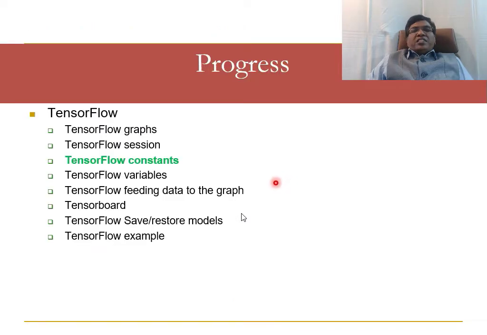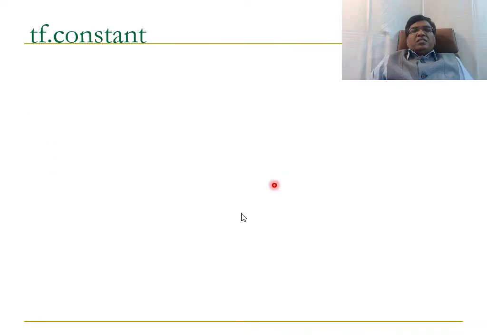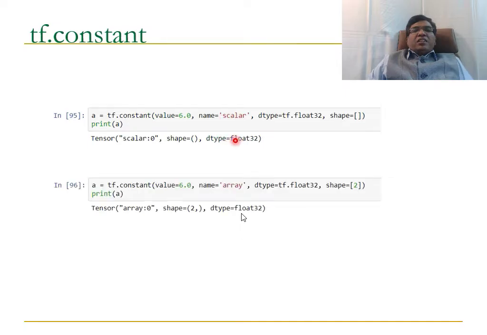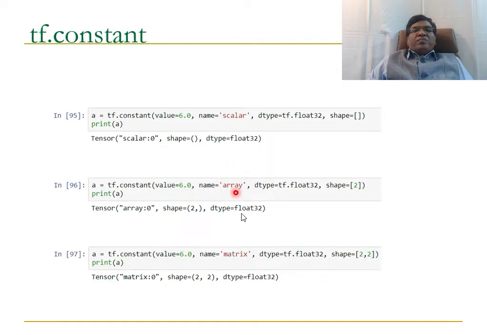Next is constants. tf.constant. A constant can be created using the tf.constant function. It can be a scalar, a 1D array, or a 2D matrix. It has arguments such as value.